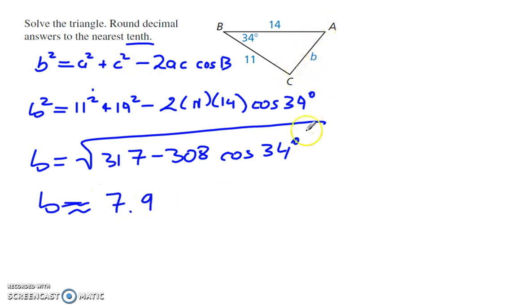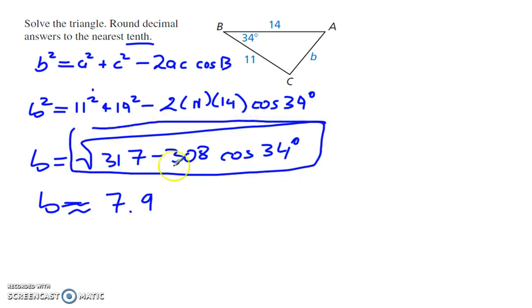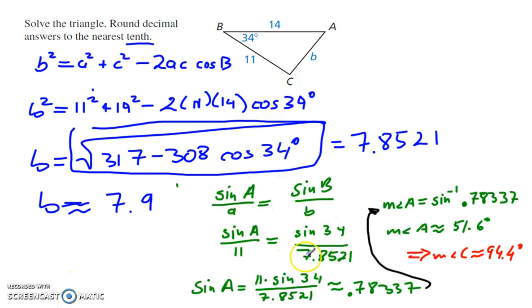However, when we're going back and finding the other angles, it's important to either use this expression to be exact, or when we got that, we got something like 7.8521. So using this, we could type that in, and we can use the law of sines here. Plug this in, solve, find the inverse sine, find the measure of angle A, and then find the measure of angle C.